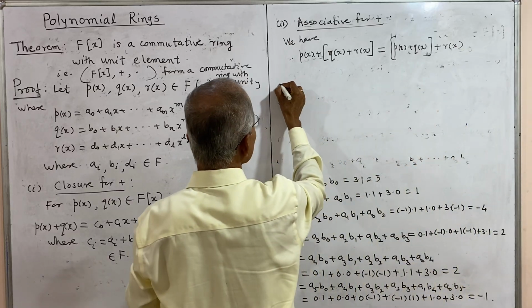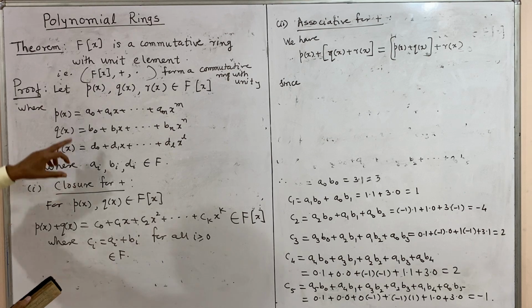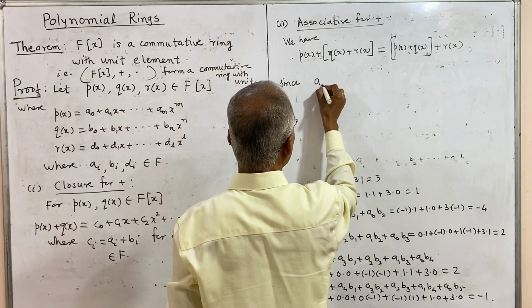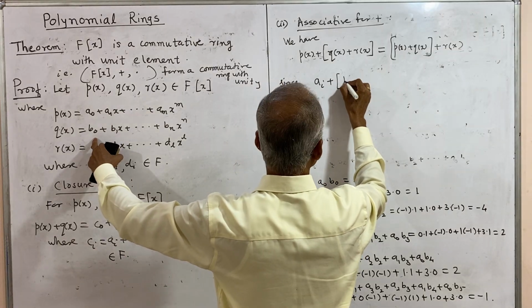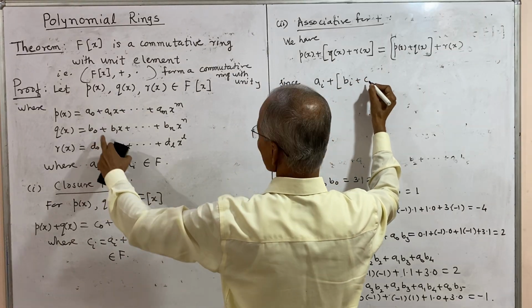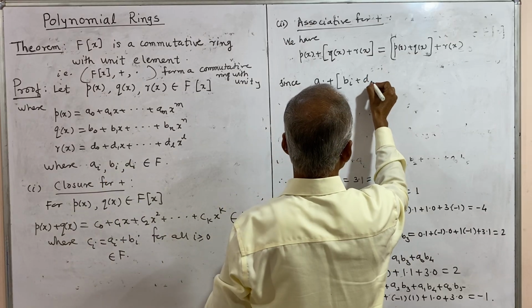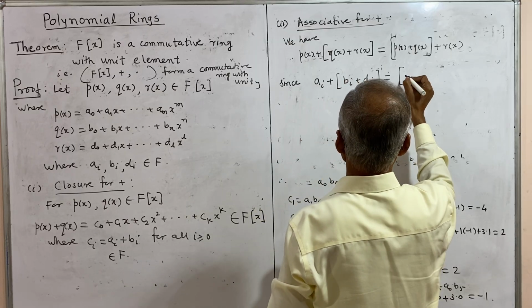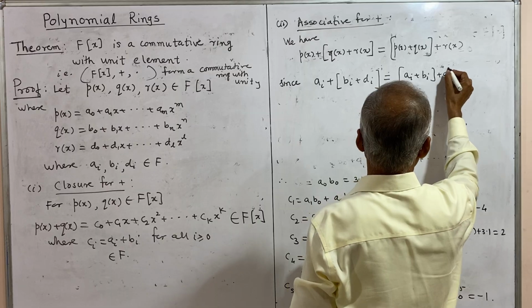The reason for this is simple: what are the coefficients of p? a naught, that is ai, plus coefficients of q are bi, and coefficients of r we have written as di, is equal to ai plus bi plus di.